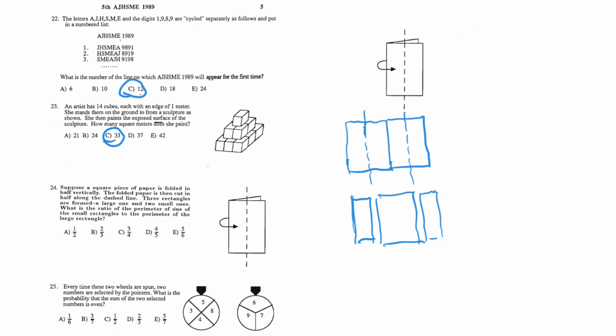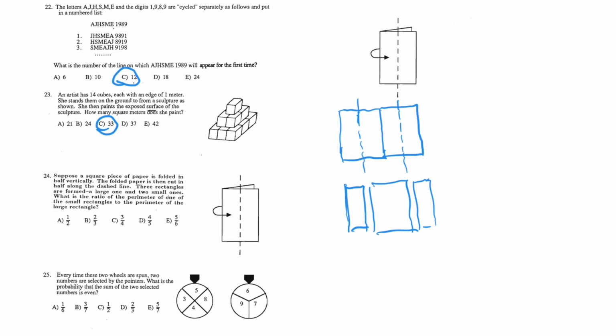Because it's a square paper, if each smaller side is x, that will be 2x and x, and the height is 4x. So adding them all together, that's 4x. They ask for the ratio of the perimeter of the smaller one.